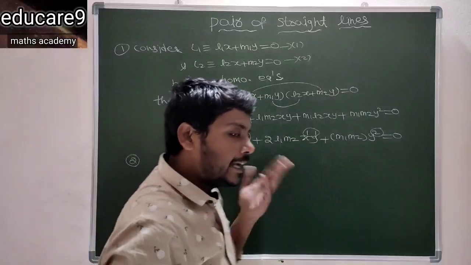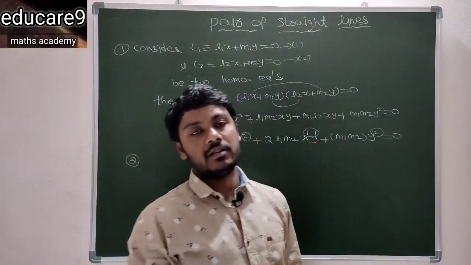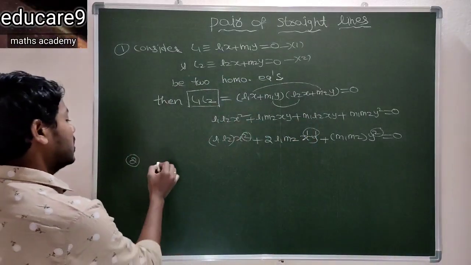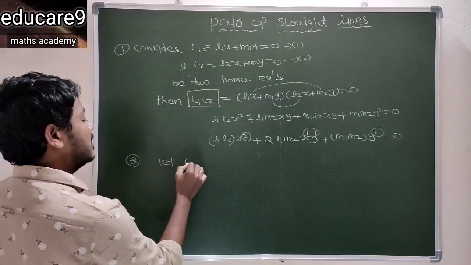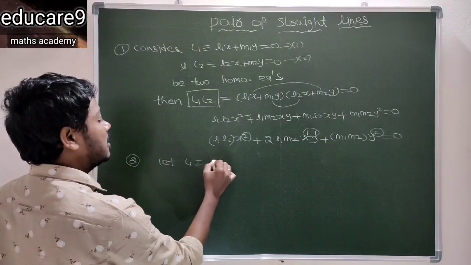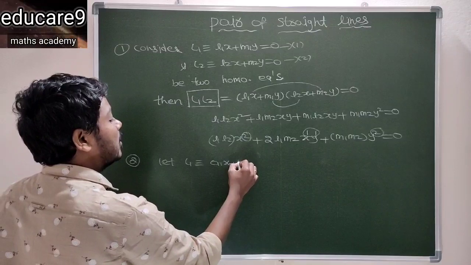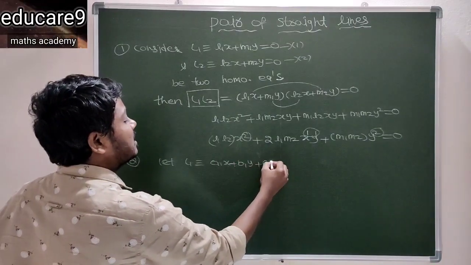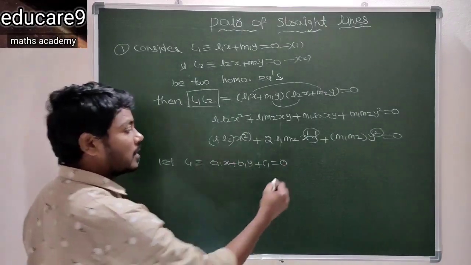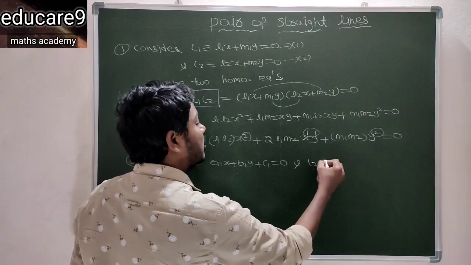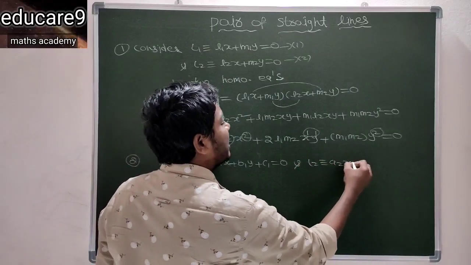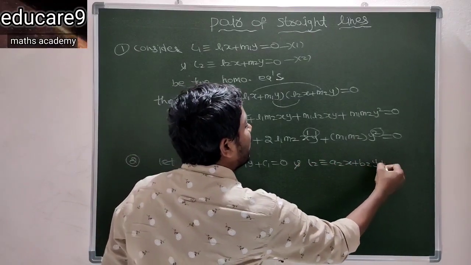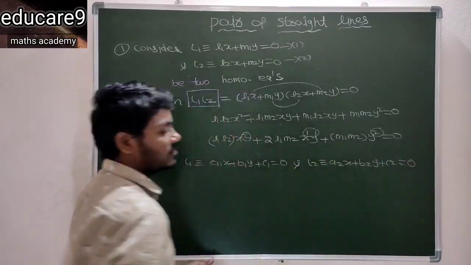And see the second one. Here consider any two non-homogeneous equations. So see here, let L1 is A1x plus B1y plus C1 is equal to 0. Next, L2 is A2x plus B2y plus C2 is equal to 0.